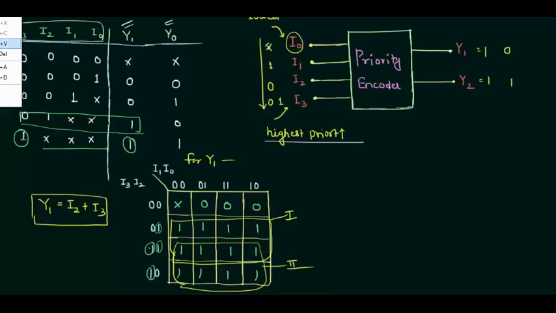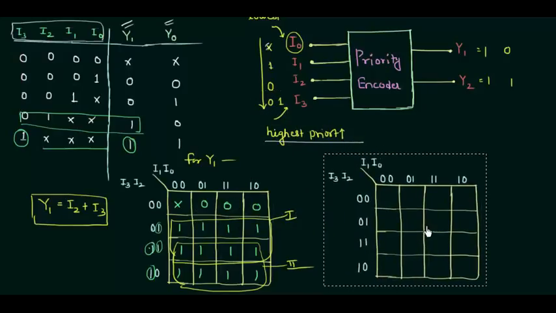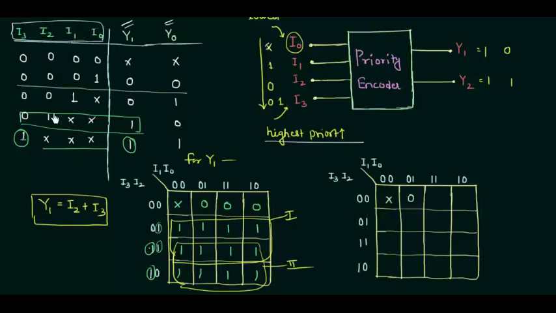Let's paste another K-map, a 16 cell K-map, to find out the value of Y0. So for the first cell we are having a don't care, you can match from the truth table, and for the second cell we are having a 0. When I1 is 1, which means for these two cells, Y0 is 1, so 1 1.